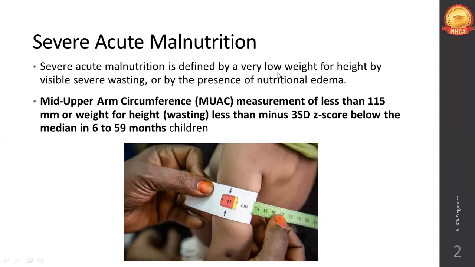So for a child from 6 months to approximately 5 years old, you can check the mid upper arm circumference to find out if the child is malnourished or not.